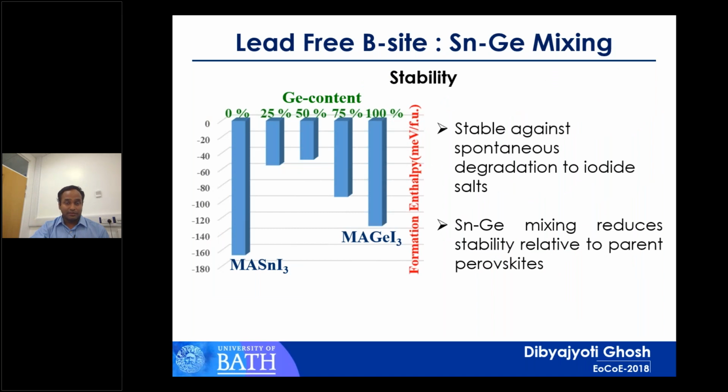When we calculated the stability, we found that compared to its degraded products, that is the iodide salts, methyl iodide or tin iodide or germanium iodide, all these materials are quite stable in inert conditions. We have not gone for any kind of atmospheric calculations.